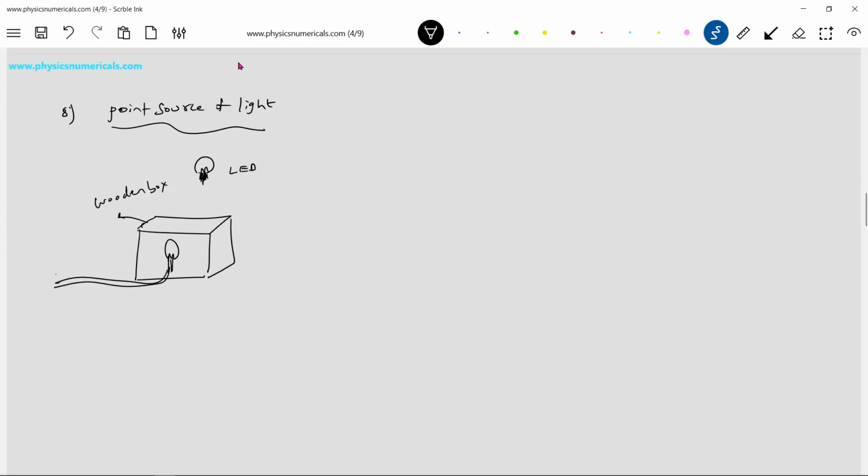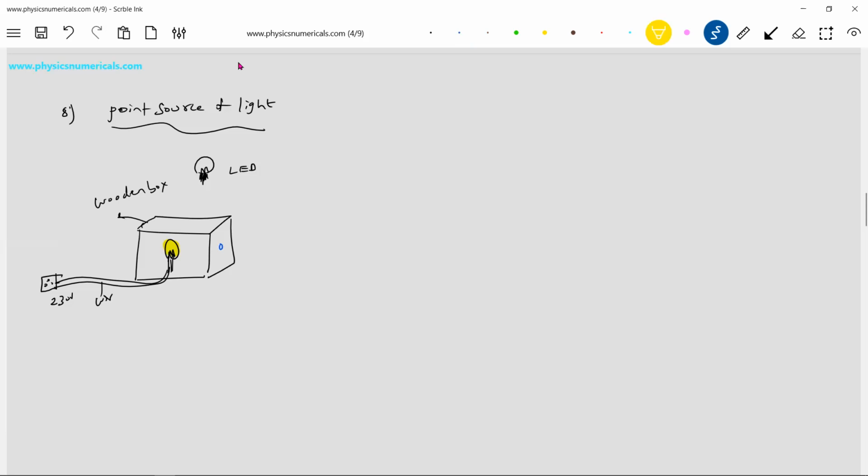This will be connected to the AC 230 volt. The bulb will start glowing and produce light energy. Let me make a small pinhole in it.